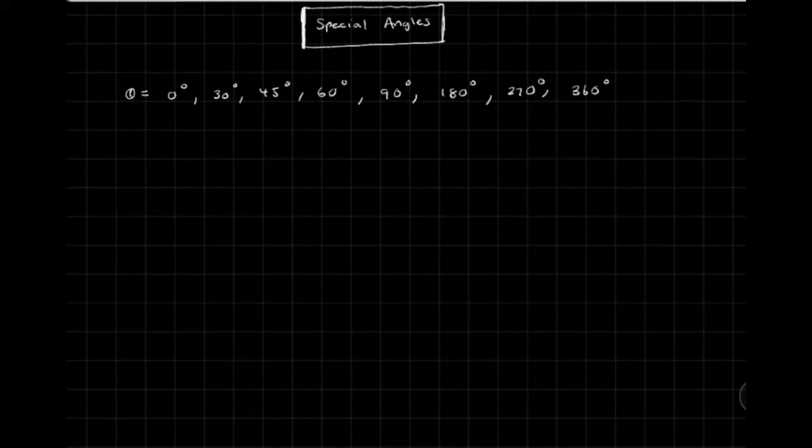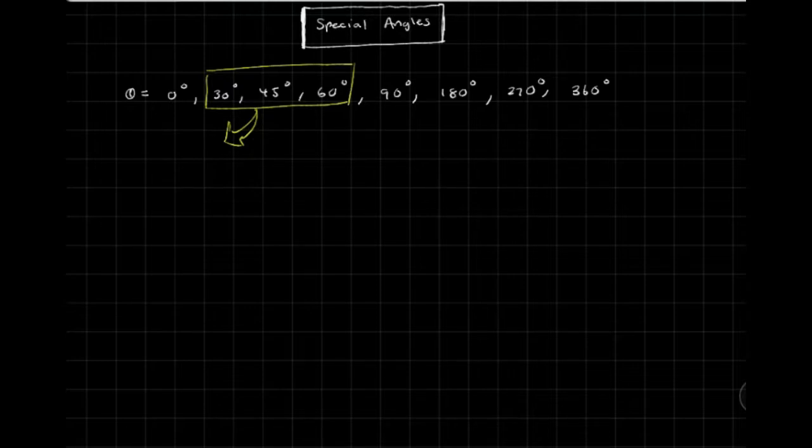Okay? Now for the first set of angles, the 30 degrees, 45 degrees, and 60 degrees, we can determine the exact value of their respective ratios for each of the three primary trig functions, right?